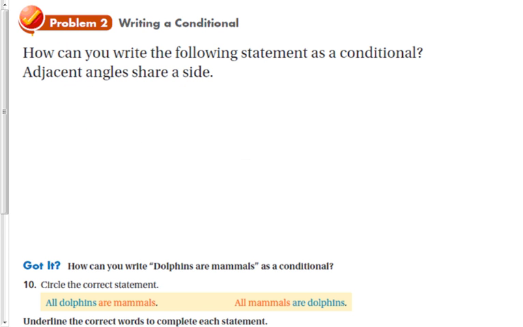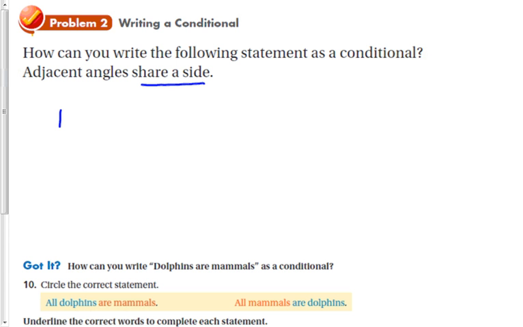All right, writing a conditional. How can you write the following statement as a conditional? Adjacent angles share a side. So what you have to think about is what is the conclusion here? What is the hypothesis? And I think the conclusion here is that the adjacent angles will share a side. That's the conclusion. So the hypothesis is that you have adjacent angles.